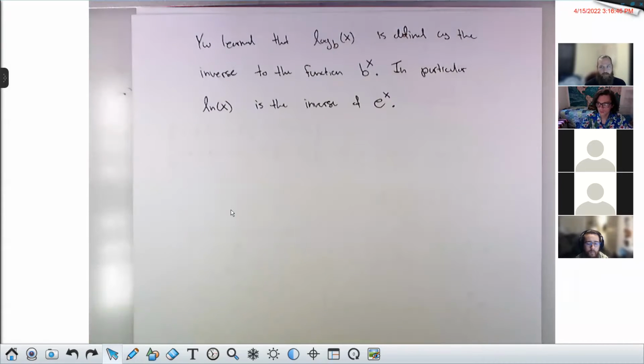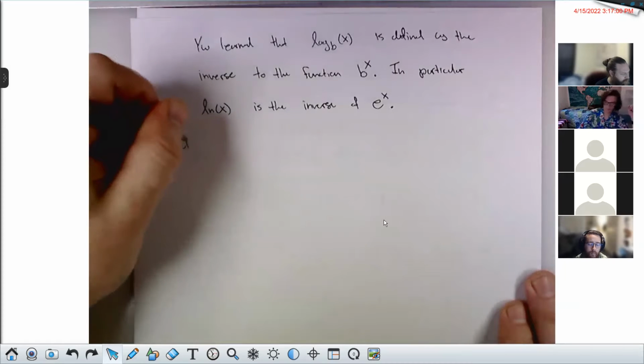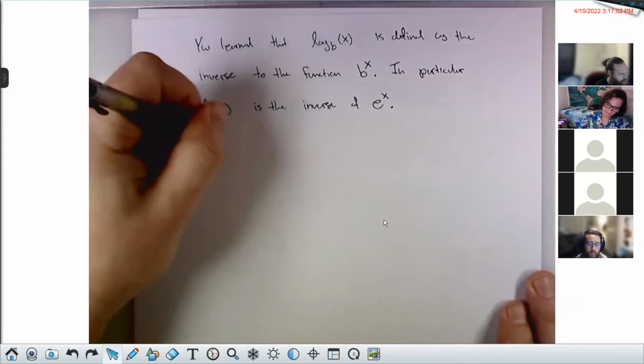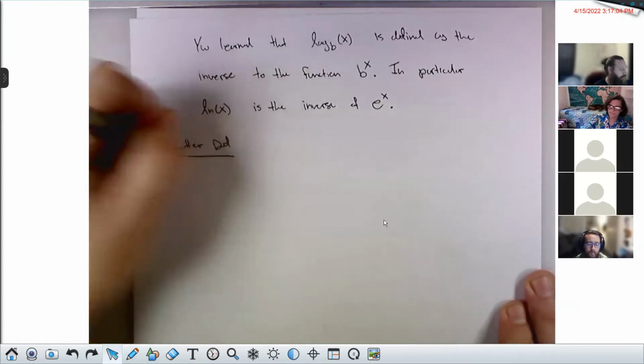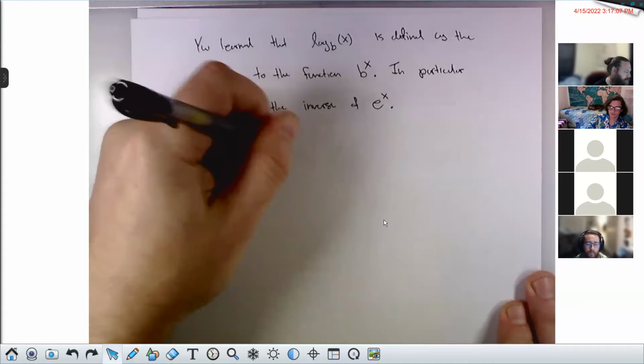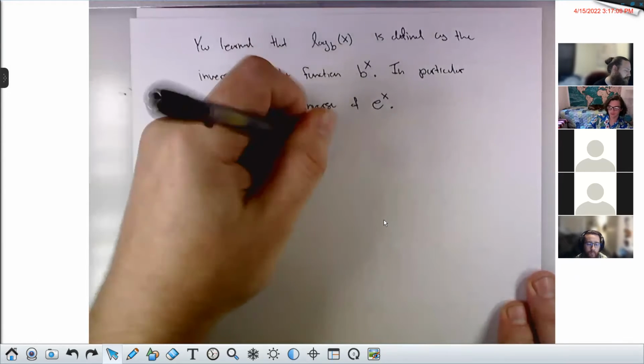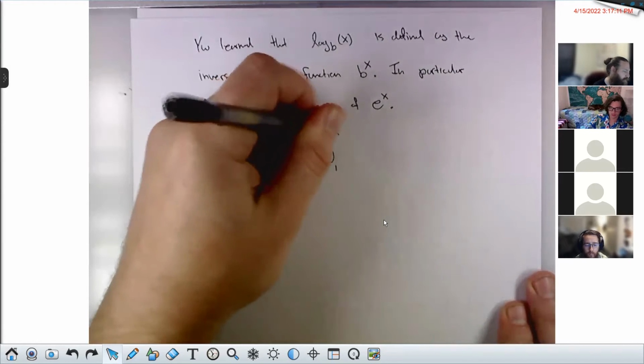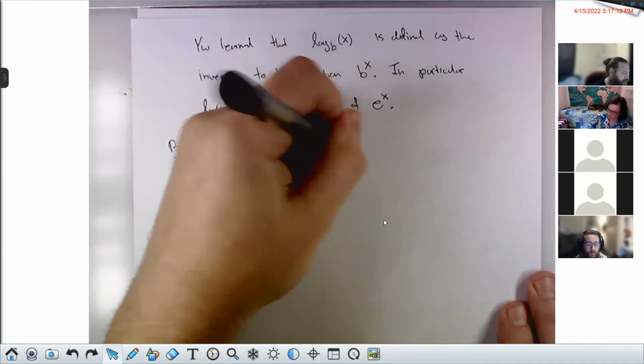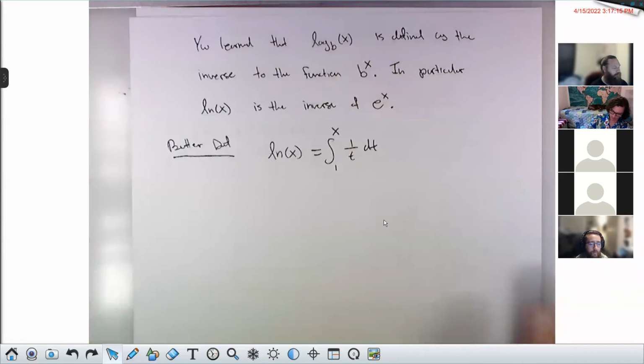But logarithms' native territory is not algebra, it's calculus. They are inherently calculus objects. So are exponential functions. And the better definition is to define the natural log of x as the integral from 1 to x of 1 over t dt.